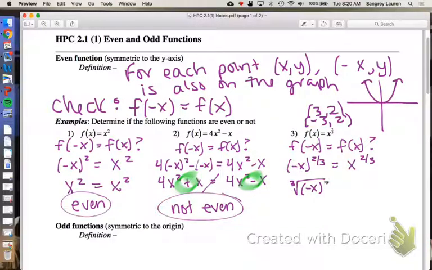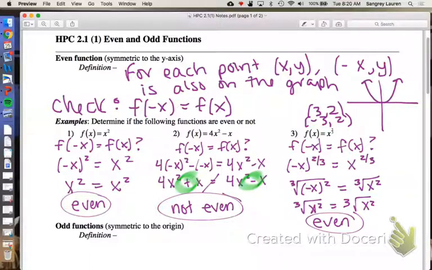So we can rewrite it this way. Again, the denominator is the root, the numerator is the exponent. On the left, (-x) squared is the same as x squared. So these do come out to be equal, so this is an even function.